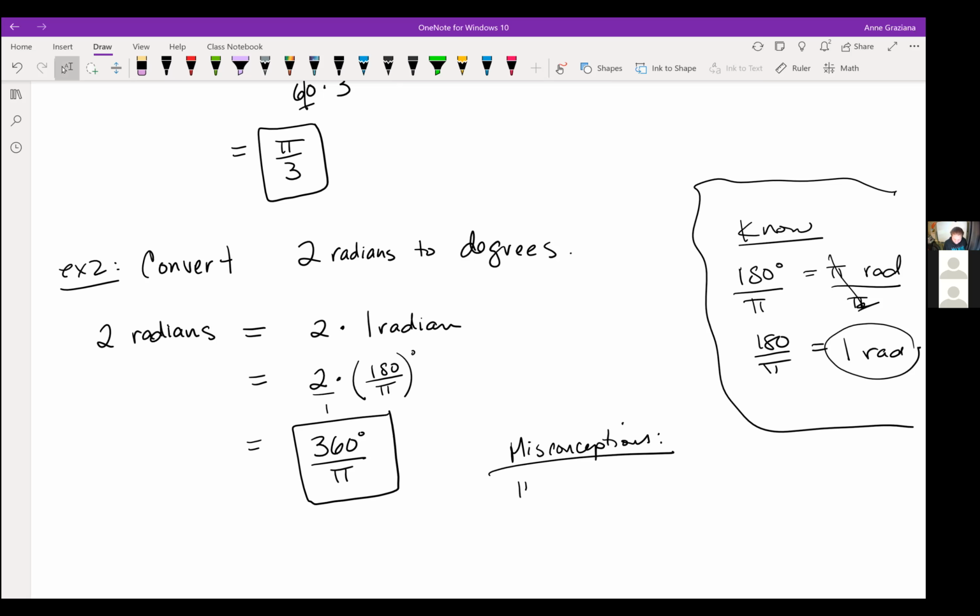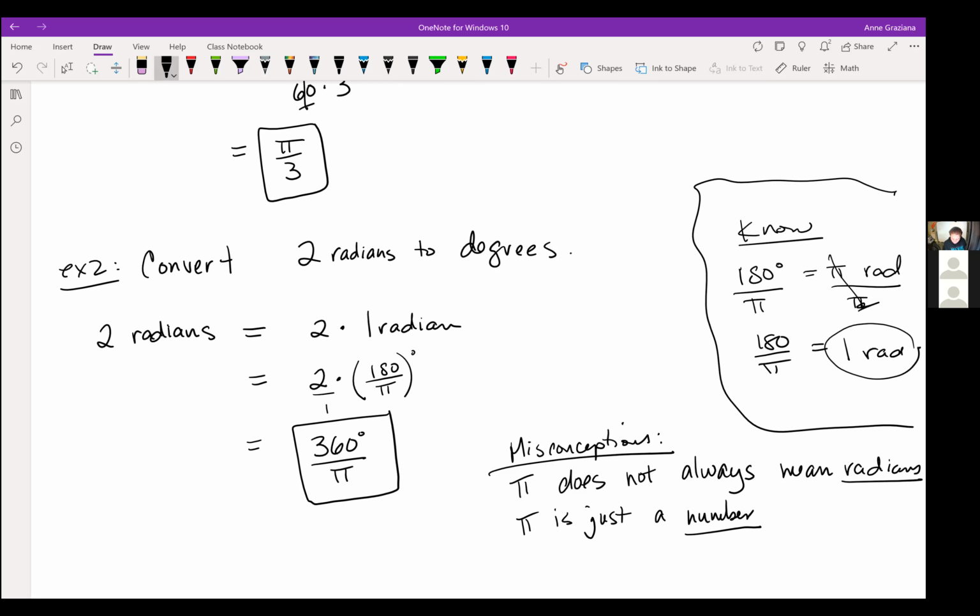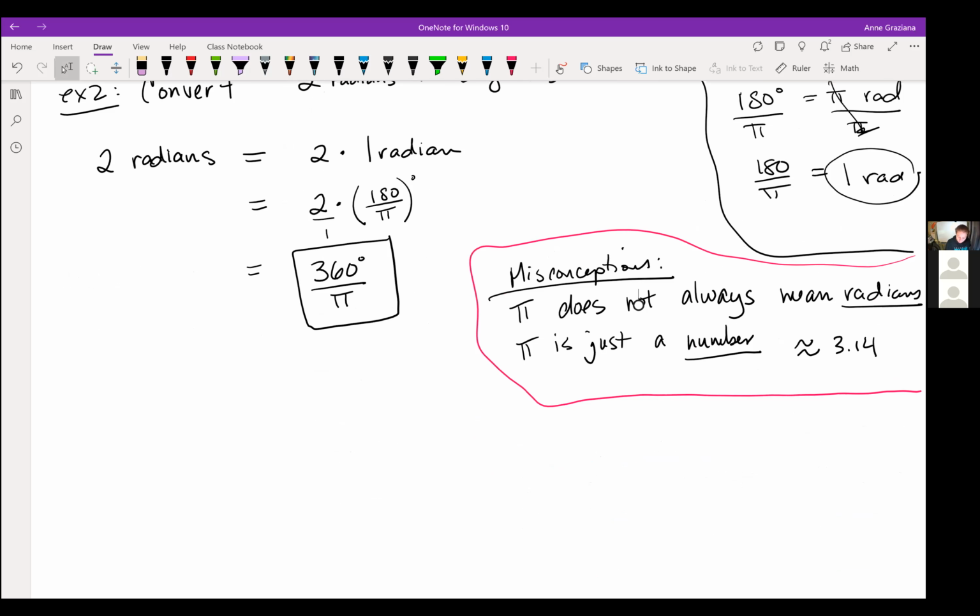So pi does not always mean radians. Pi is just a number. Approximately 3.14. So you cannot just say, if something has pi in it, you cannot assume that it's just radians. That's not true. Okay. All right, let's do another one.